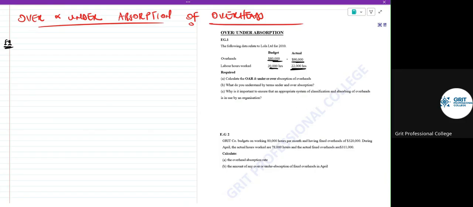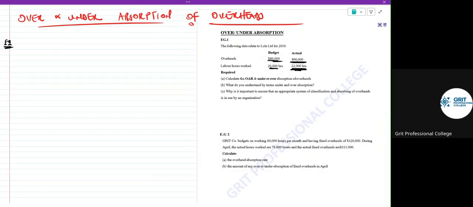I earlier mentioned that if we actually use 22,000 labor hours in our production, and as a result the overhead cost incurred is $90,000, then it makes sense. So that difference we are seeing actually makes sense as the situation on the ground.